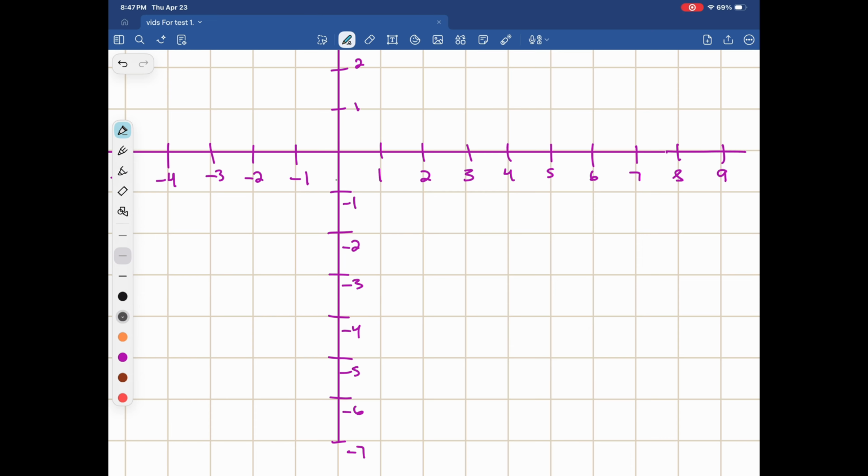So we're just analyzing our data, making sure we check our points. We're going to mark the 2 points on the graph that were given to us.